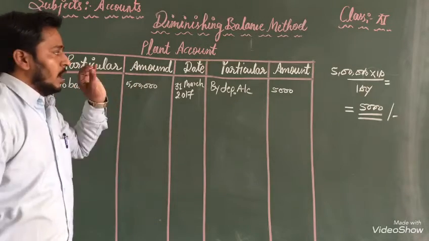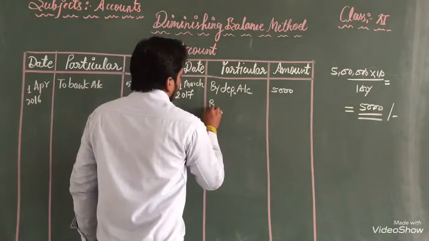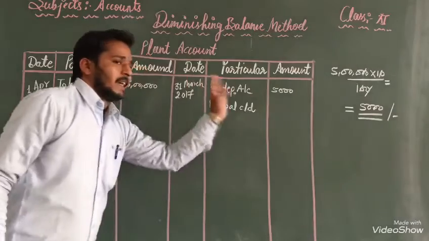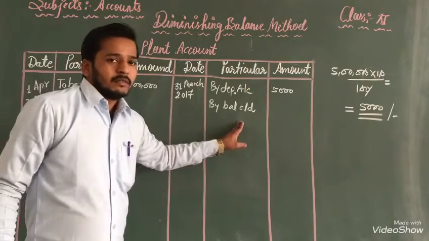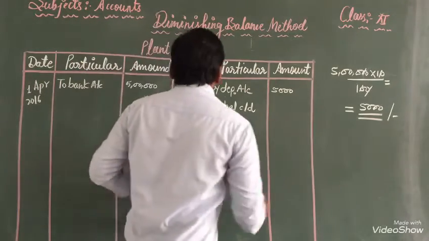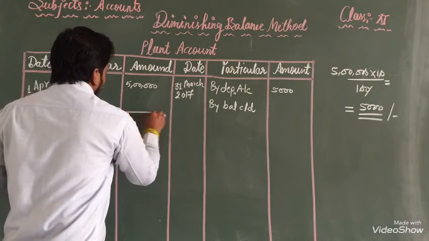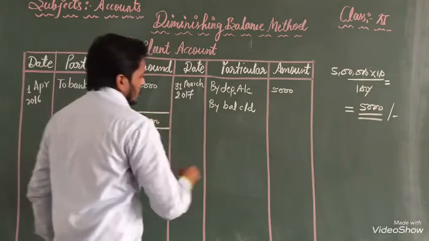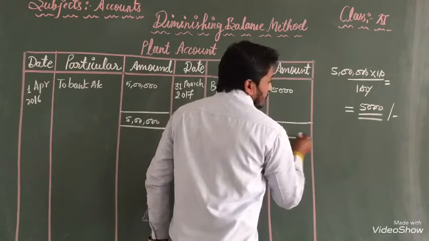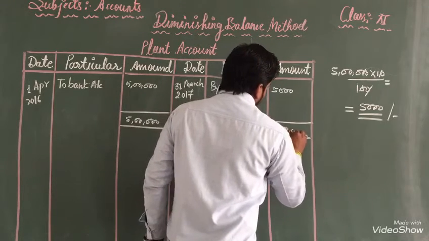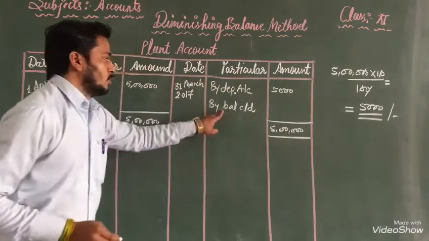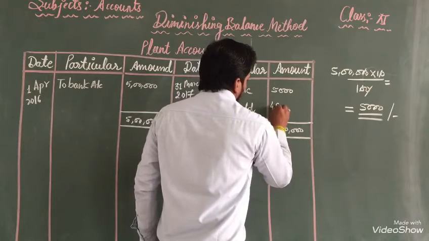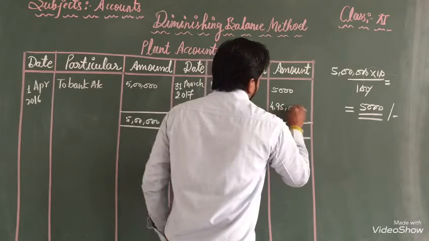Now we know we have to make the balance by balance c/d. Total amount is 5 lakh. When we do the balance, 5 lakh minus 50,000 means 4 lakh 50,000.